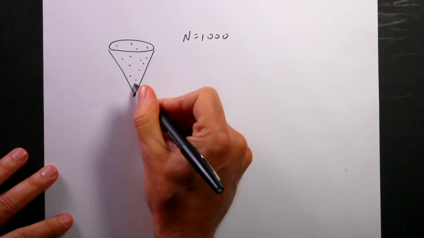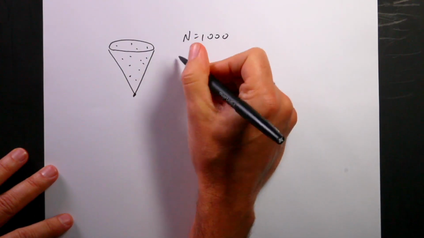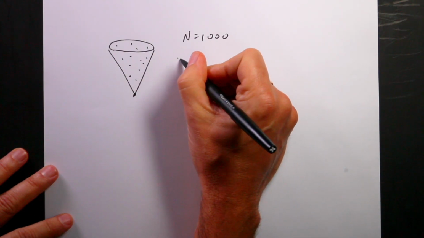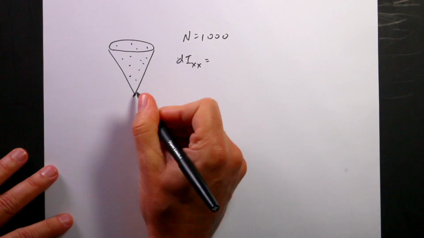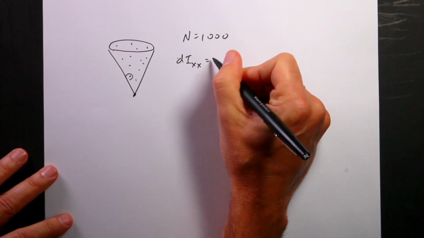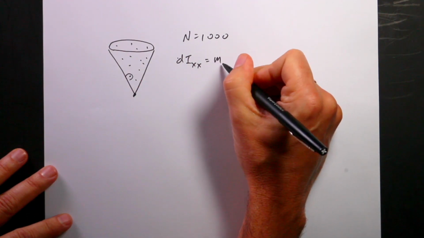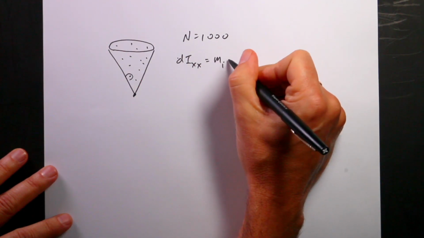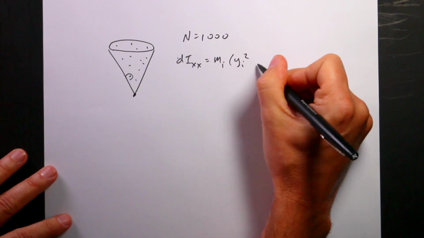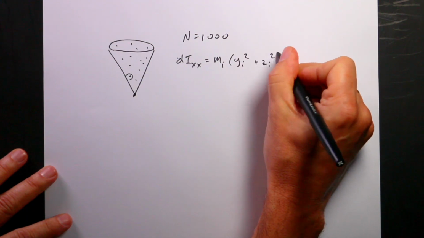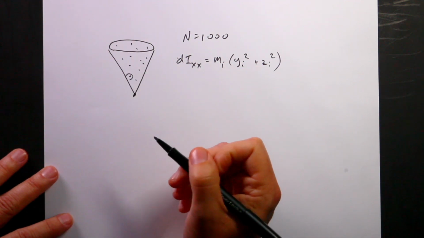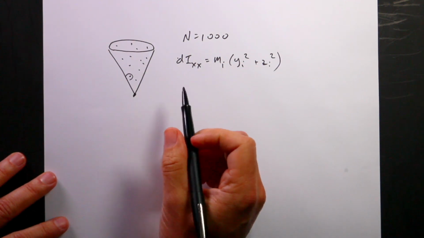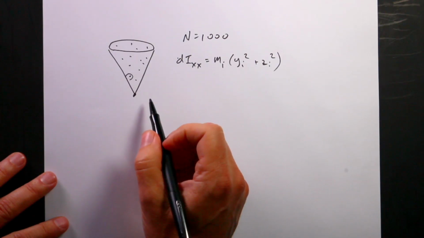And then for each one of these masses, I can calculate the moment of inertia tensor, dIxx. That's going to be the moment of inertia due to one of those pieces. It's just going to be m_i times y_i squared plus z_i squared. And then I can just add up all the pieces. Now the question is, how do you generate 1,000 points in a cone?